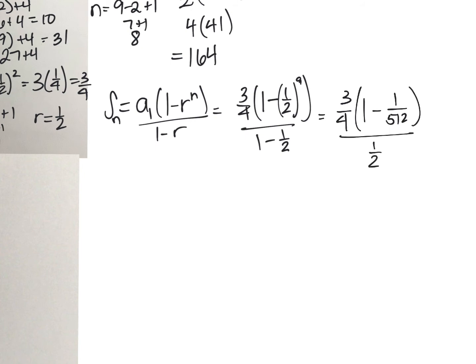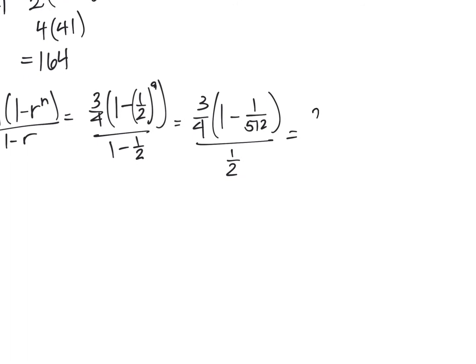Now I'm dividing by 1/2, which means I can multiply by the reciprocal. So I can put that in the top here and say this is 2 over 1, multiplying by the reciprocal, times the 3/4, and 1 minus 1/512. 1 is 512 over 512. If I subtract 1 512th, I get 511 512ths.